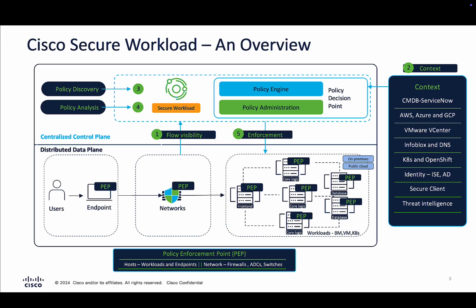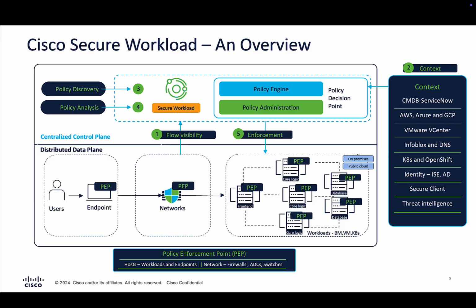Let me explain that with an example, right? So we go back to the same example, IP1 talking to IP2 on TCP port 80. If I add some context here in the form of tags and annotation, that same information would look like HR user on IP1 is making a connection to finance application on IP2 on TCP port 80.